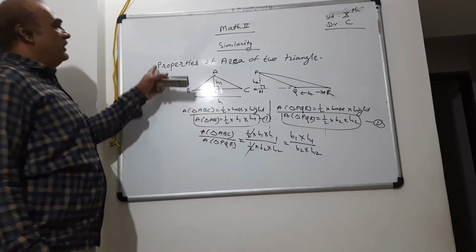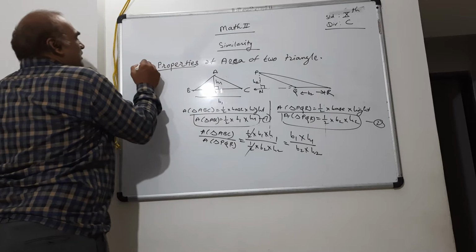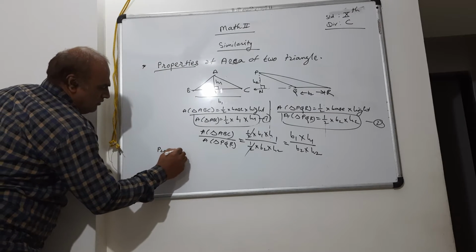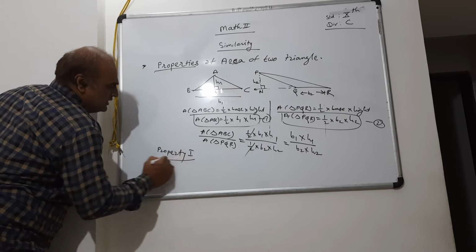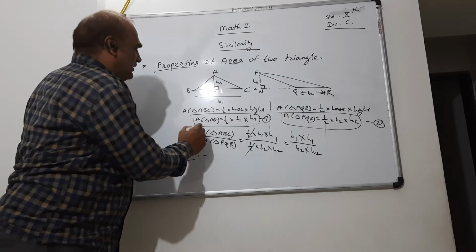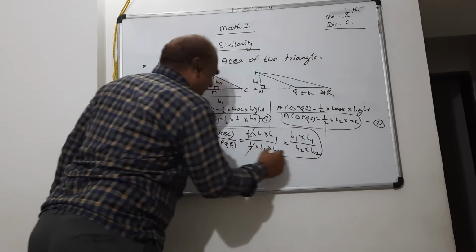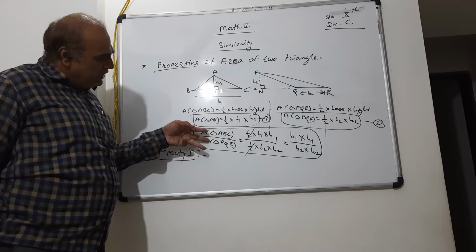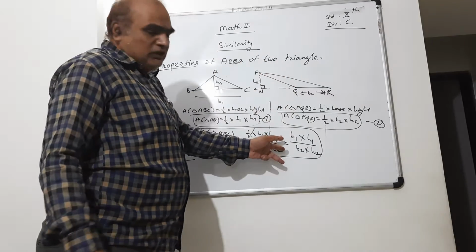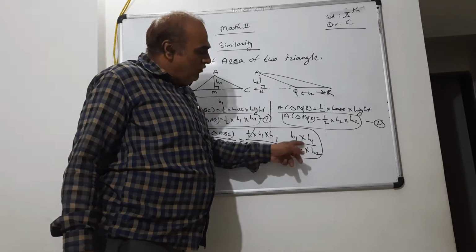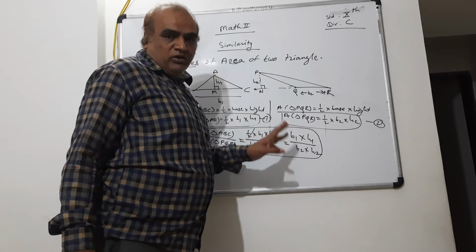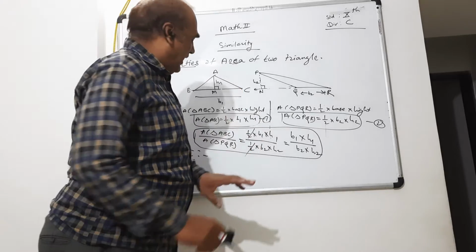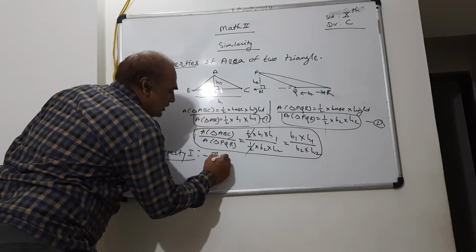We got the first property, property number 1. From this mathematical statement, we got a relation that the ratio of areas of any two triangles is equal to the ratio of the product of base and the corresponding height of the two triangles.